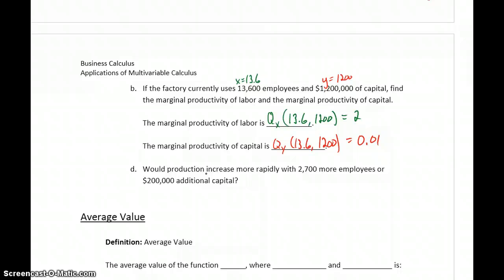So in this case, we're seeing that greater rate of change from our marginal productivity of labor. So the better choice here would be to increase our number of employees by 2,700.